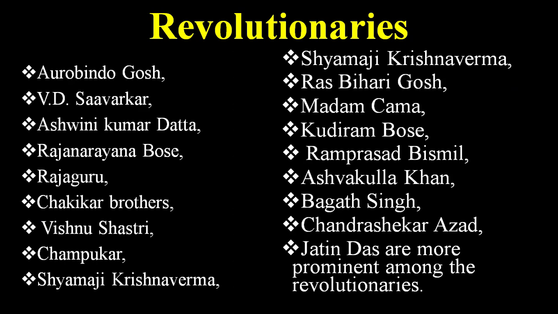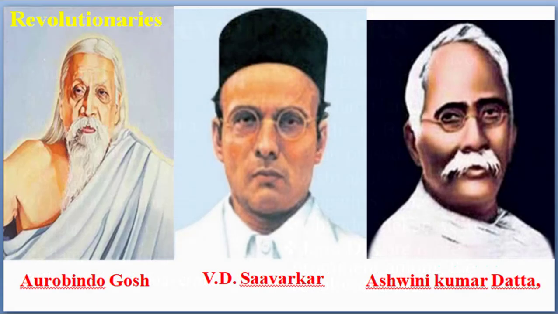The very important revolutionaries are Aurobindo Ghosh, V.D. Savarkar, Ashwini Kumar Datta, Rajanarayan Bose, Rajguru, the Chapekar brothers, Vishnu Shastri Chiplunkar, Shyamji Krishna Varma, Ras Bihari Bose, Madam Cama, Khudiram Bose, Ram Prasad Bismil, Ashfaqulla Khan, Bhagat Singh, Chandrasekhar Azad and Jatin Das. Let's come to their images.